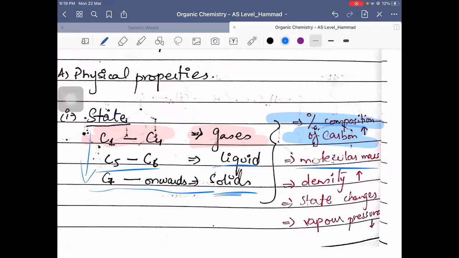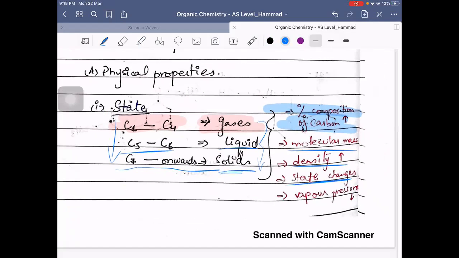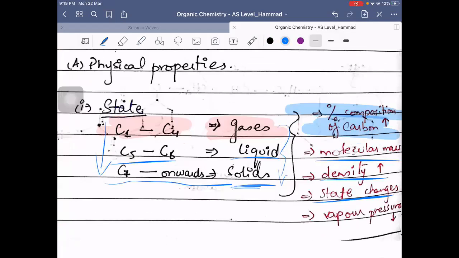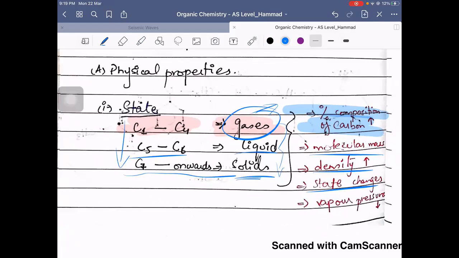And therefore, molecular mass increases. When mass increases, the density increases and the state changes from gas to solid. By the way, gases will have the highest pressure, whereas solids will have the least, and therefore your vapor pressure decreases.